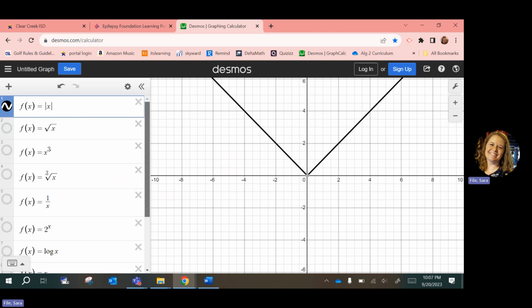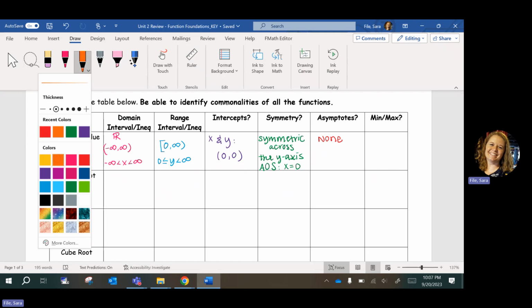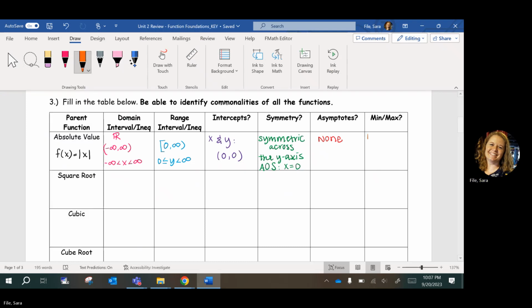And that vertex is going to be a maximum or a minimum, so that's a high or a low. This is a low point on the graph. So I do have a minimum at 0, 0, and it is a vertex.